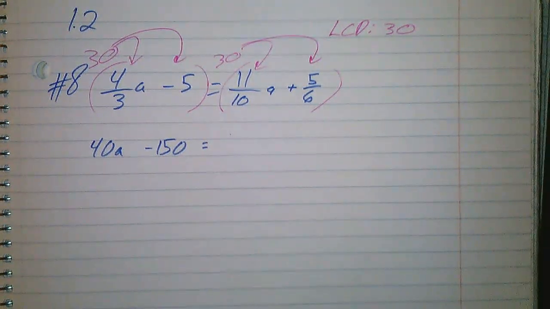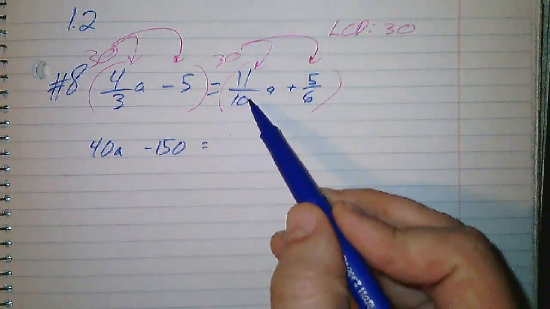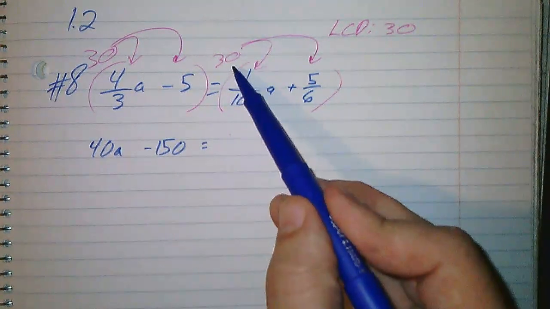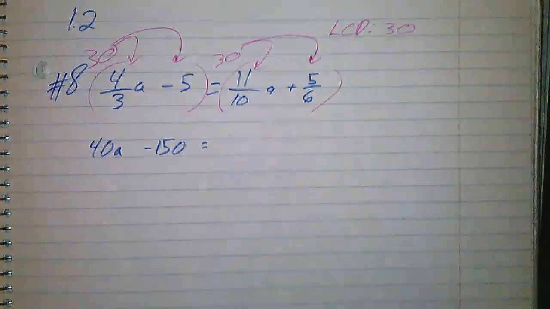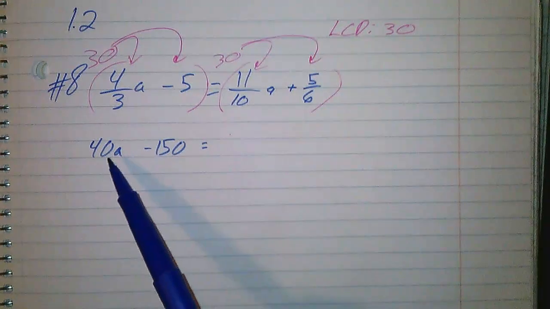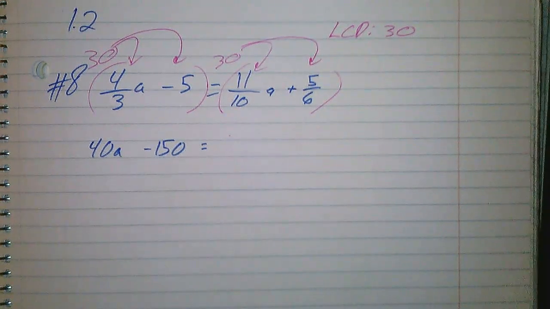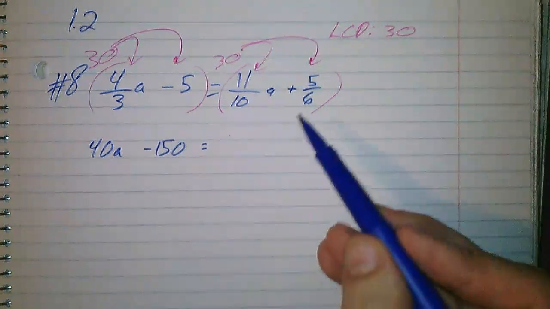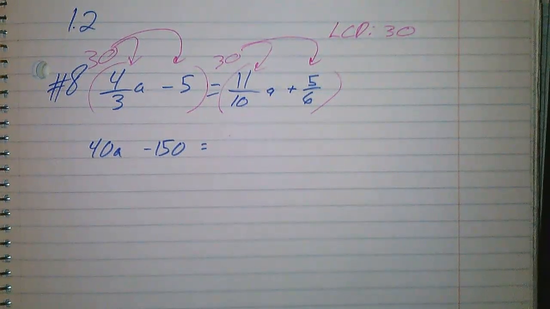Again, there are a lot of ways we can multiply the LCD to each term. Again, you can use the calculator. For a problem like this, using the calculator works just fine. And to be honest, the question on the test will kind of look like this. So we can do 30 times 11 divided by 10.